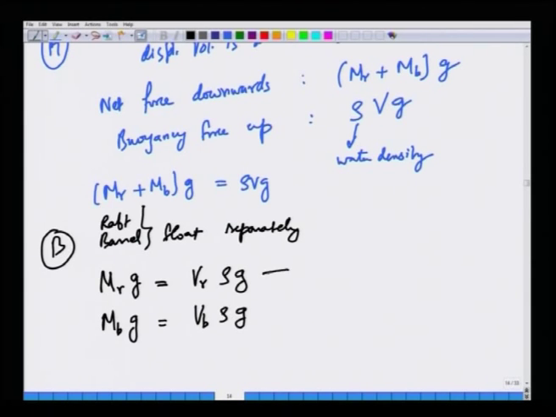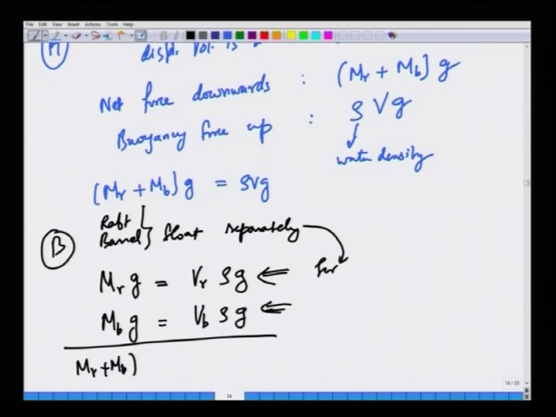Okay. These two must separately hold for both these things to float separately. We can add these two equations: m r plus m b times g is equal to V r plus V b times rho g. Okay. Let us call this equation 2, let us call this equation 1.